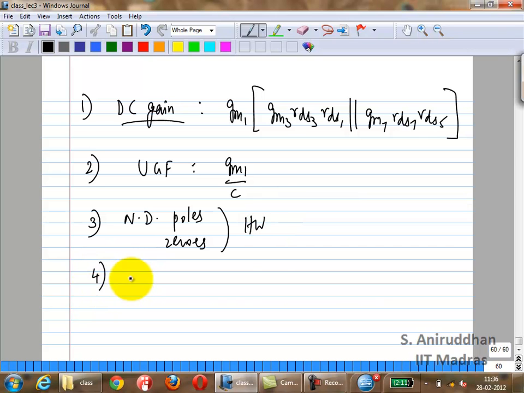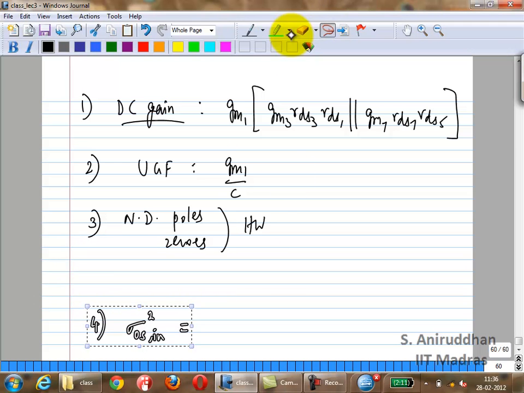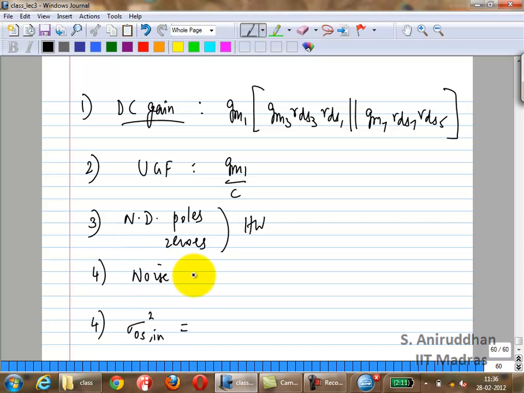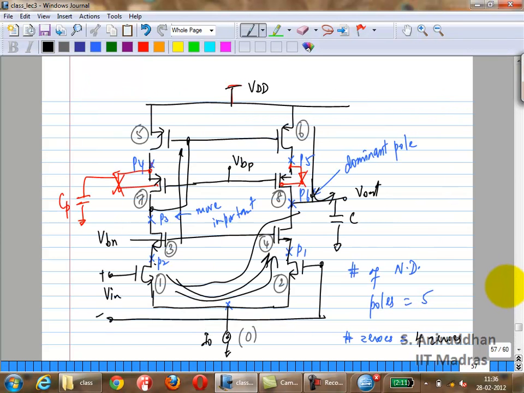What is the next thing we discussed? What is the offset? Actually, before we go to the offset, let's do the noise. What is the overall input referred noise going to look like?